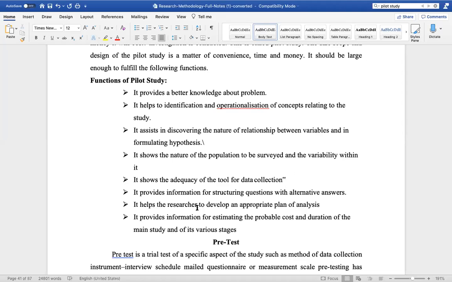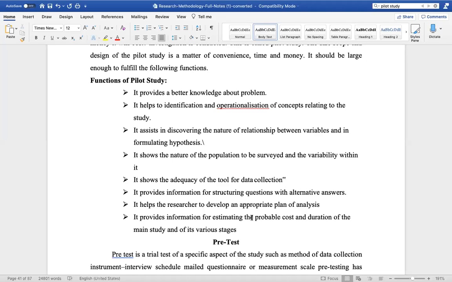And then again, it helps the researcher to develop an appropriate plan of analysis. So I can now think of another angle, and I feel that the study was to be completed by me in 6 months. But then if I find that the pilot study itself took me 2 months, I will extend the time. If I need more resources in terms of money and time, I'm going to include that also and accordingly plan, right?